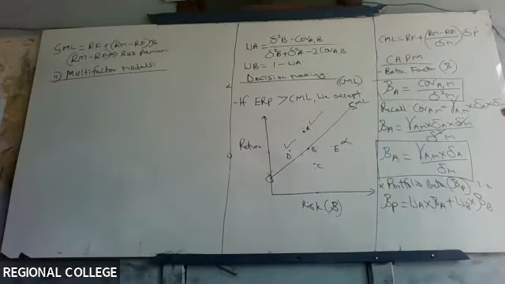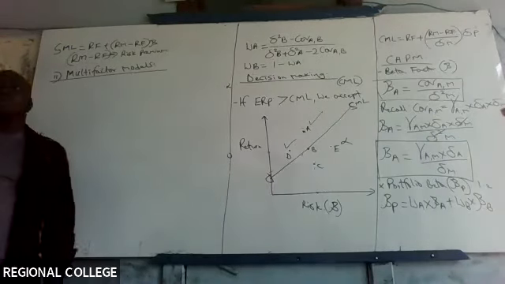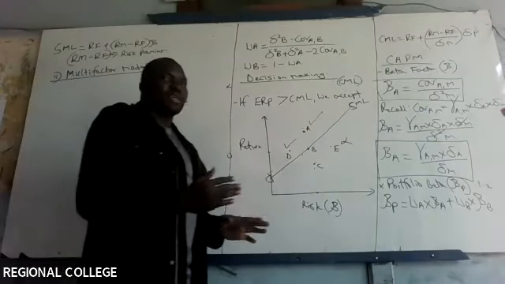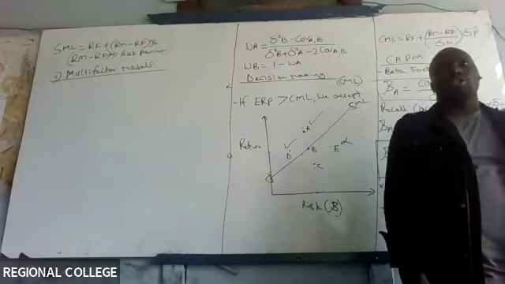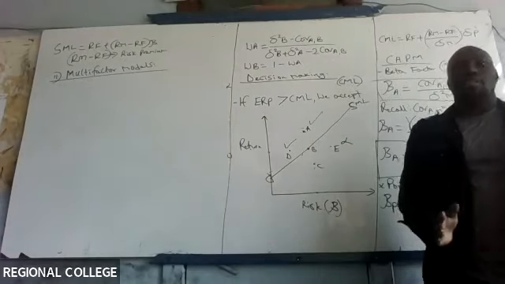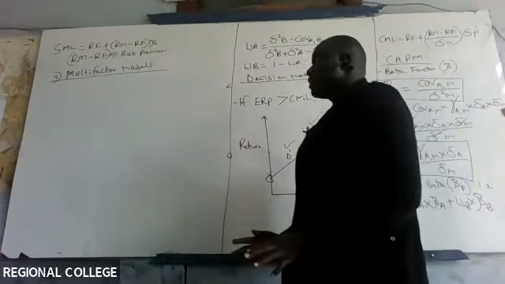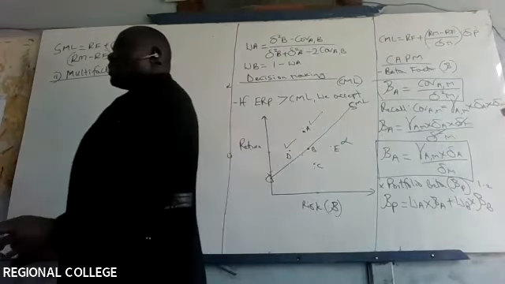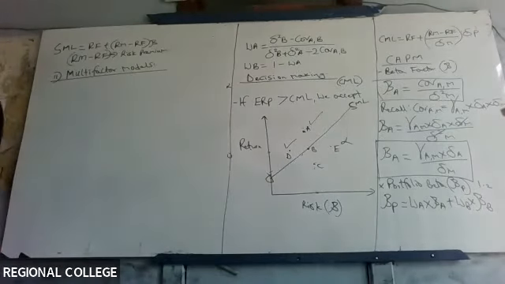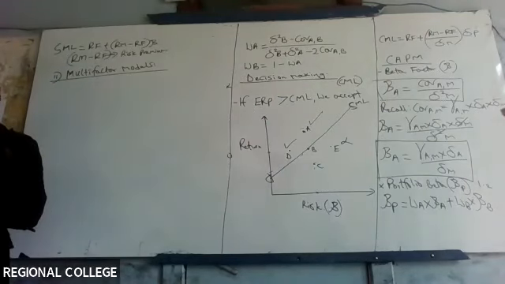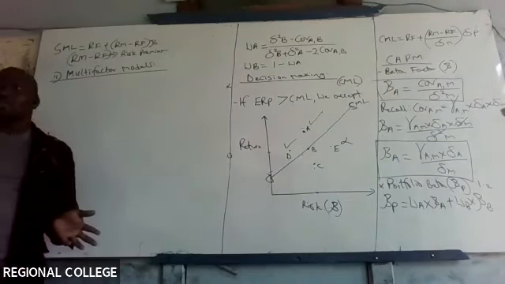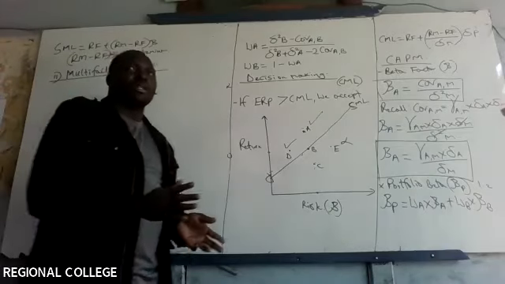For the multi-factor models, one comes after the other. We started with portfolio theory, and because of its limitations, which considers the total risk, once we form a portfolio you don't need the total risk because unsystematic risk is diversified. So you only need the systematic risk.